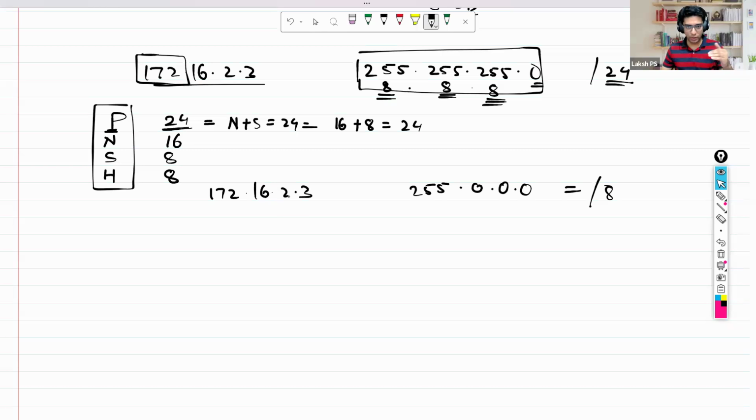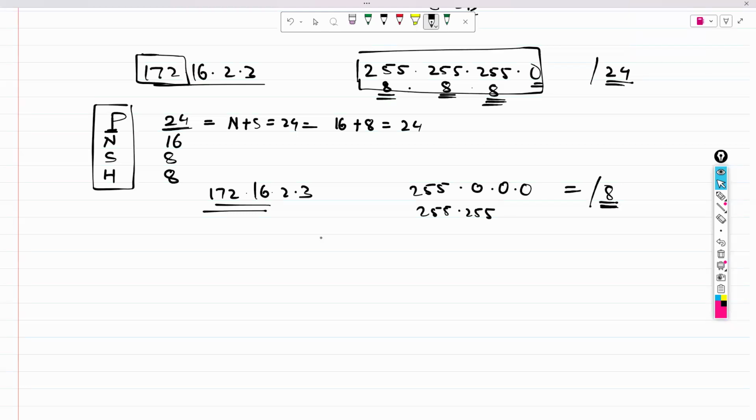Now over here, what will happen is the concept of subnet will cease to exist in such a scenario. In such a scenario, the concept of subnet will cease to exist because the default address mask over here is 255.255.0.0, but you're giving a /8 address mask.